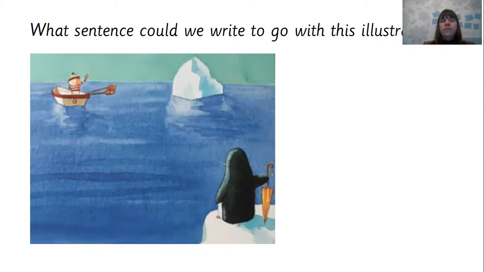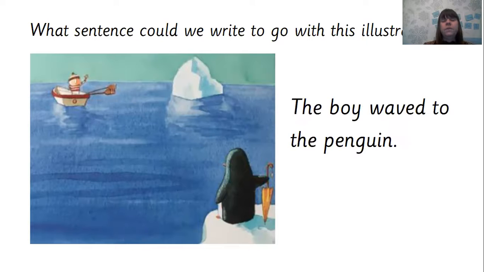It could be, the boy shouted goodbye because he is quite far away from the penguin, isn't he? It could be, the boy waved goodbye to the penguin. You could talk about how the boy and the penguin are feeling at this point in the story. It's up to you. But my sentence is very simple. It's the boy waved to the penguin. And we're going to write that one together.